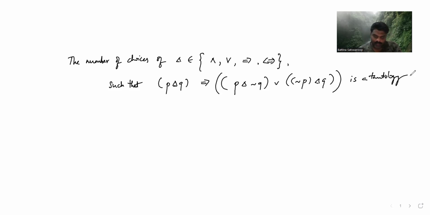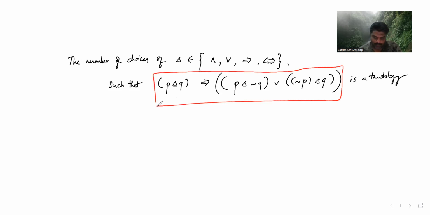So what they are telling is, they have given one expression and they want this expression to be a tautology. Tautology means all end results must be true. So for that to be true, what should be substituted in the place of delta among these four options? That is the question, sir.